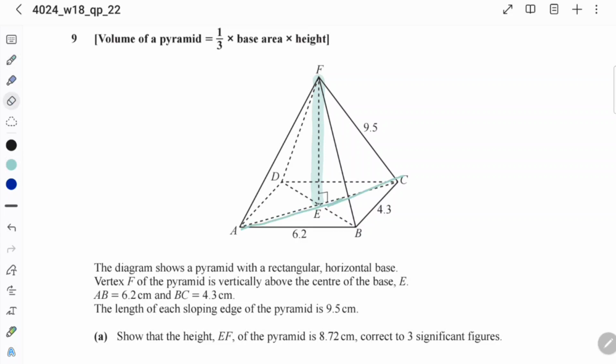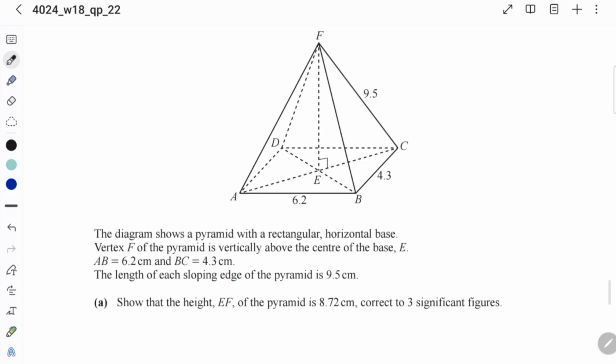Now if we know this length, it's a right angle triangle where the hypotenuse is 9.5, and we find out how much the EC side is. EC is half of the whole AC side. AC is the diagonal of the base, so we'll take the diagonal there.